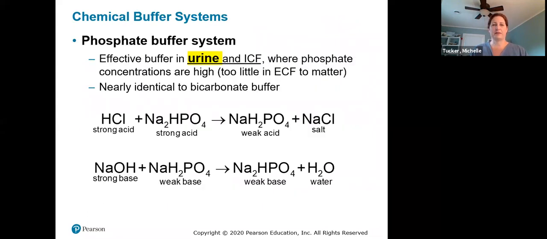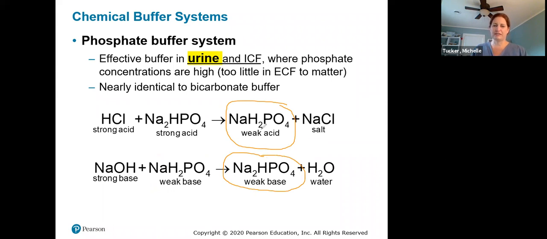The phosphate buffer system is the only true effective buffer in urine. It will have a small role in intracellular fluid, but highlighted is the buffer in urine. Like all chemical buffering systems, we have a weak acid and a weak base.